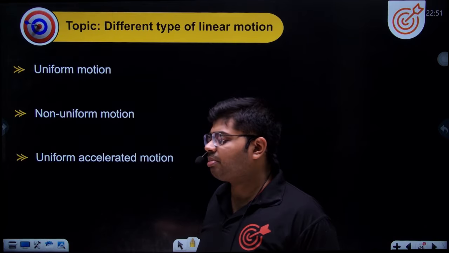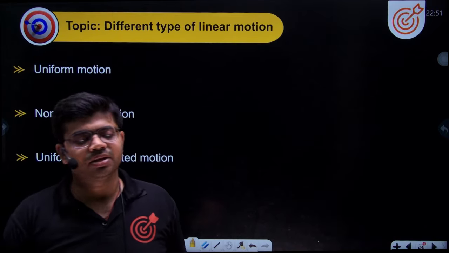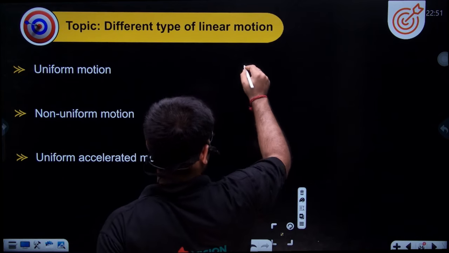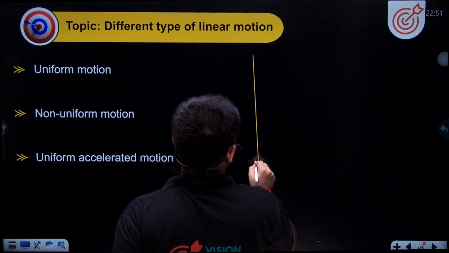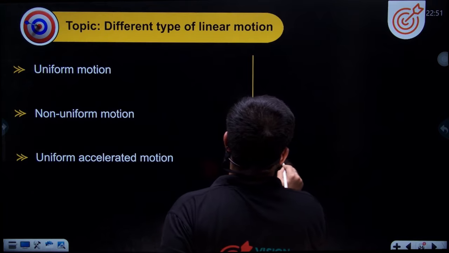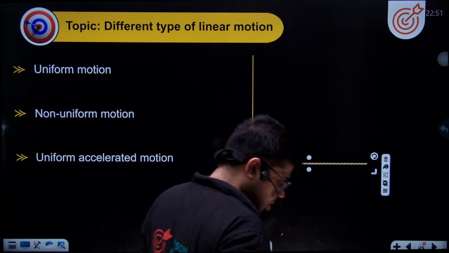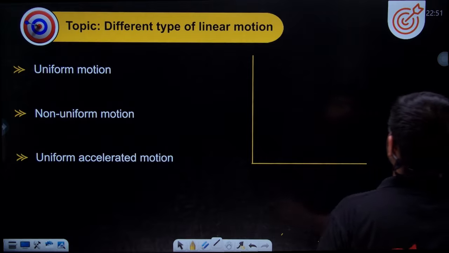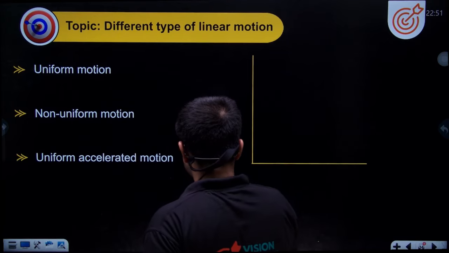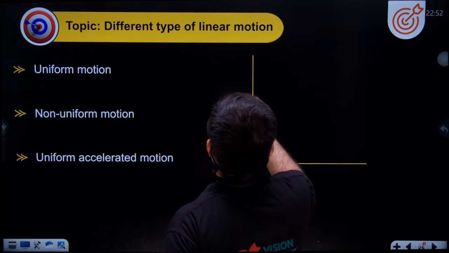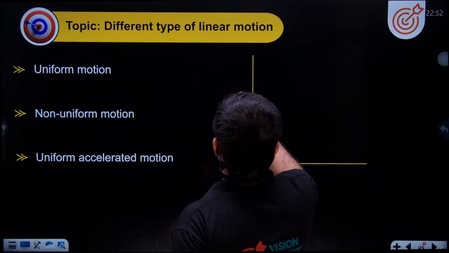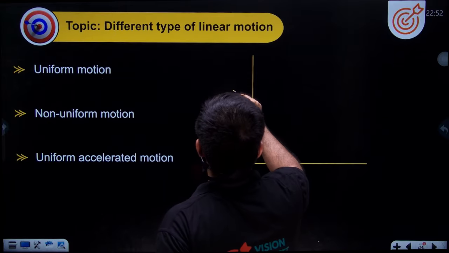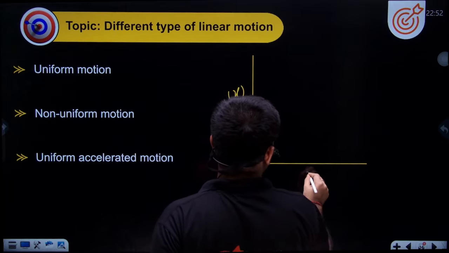What I mean by this is, if I am plotting a curve like this, and this is the distance, let us take it as x. So this is x versus t.